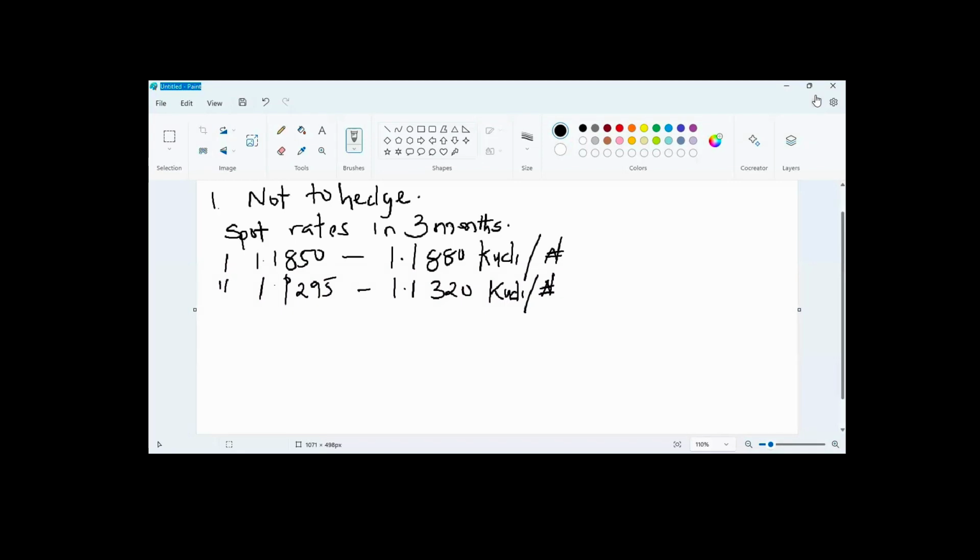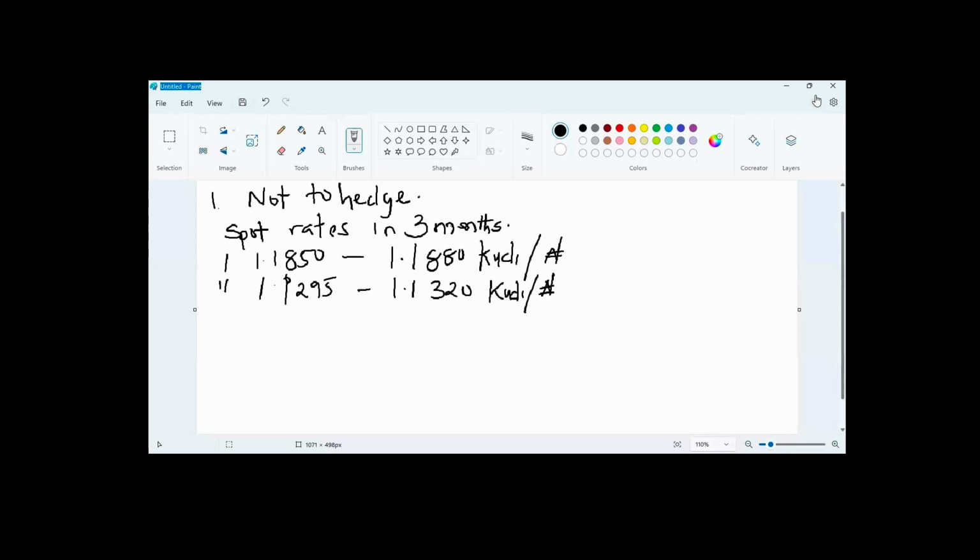Our company based in Nigeria is expecting 70 million Kudi in 3 months' time. When we get the Kudi, we are going to approach our bank. We are going to be selling Kudi. The bank will buy Kudi.